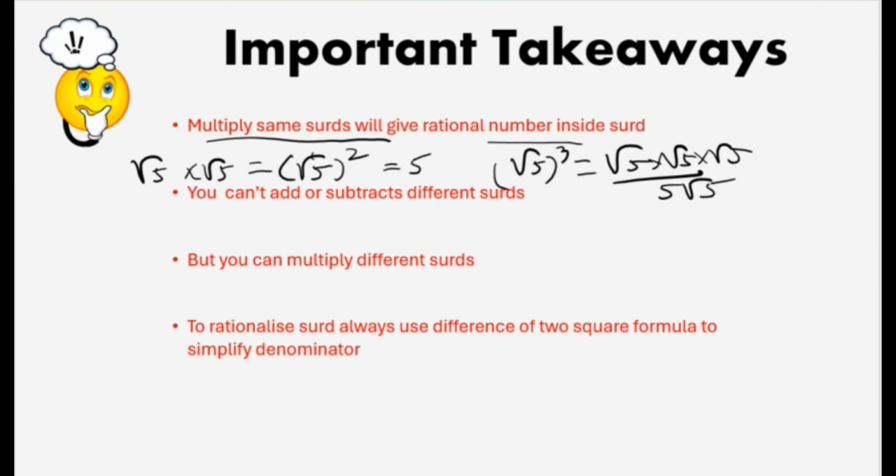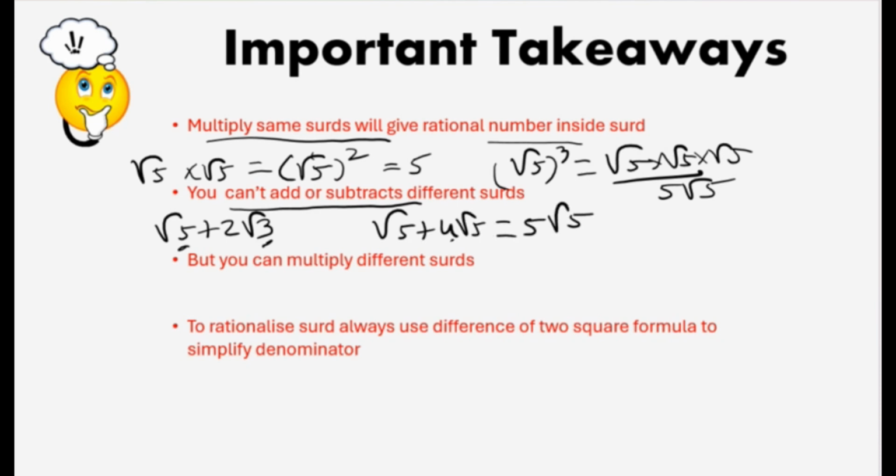So when you simplify, take care of this thing. You cannot add or subtract different surds. For example, if I have root 5 plus 2 root 3, I cannot add them because this is root 5 and this is root 3. But if I have root 5 plus 4 root 5, I can add them to get 5 root 5, because 4 plus 1 will give me 5 root 5.